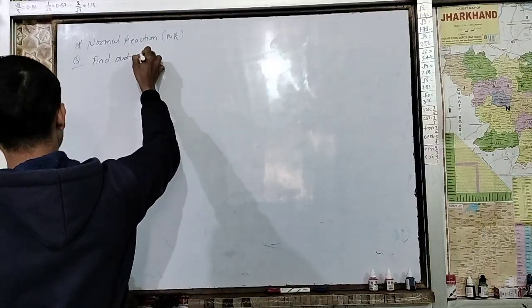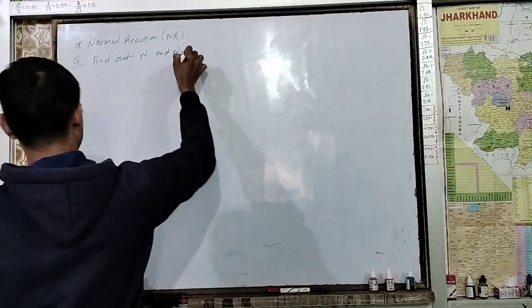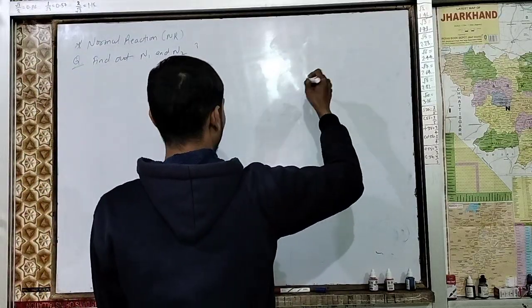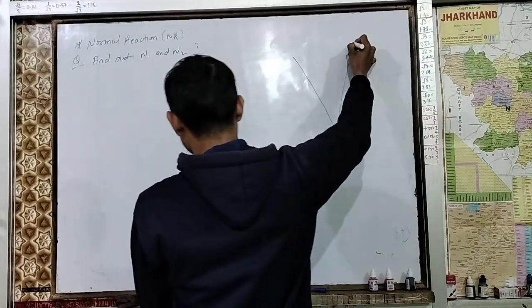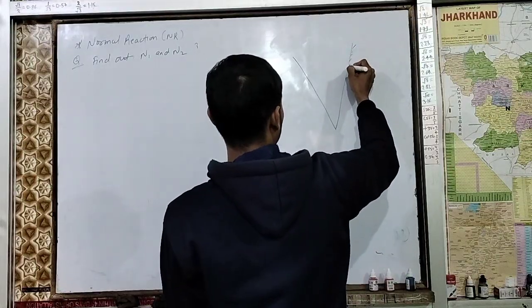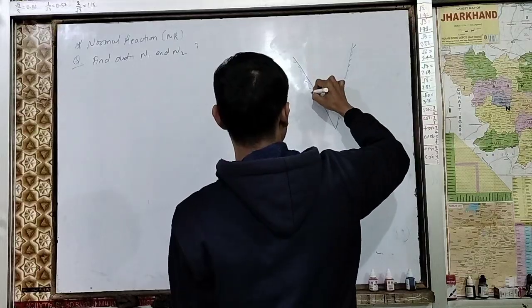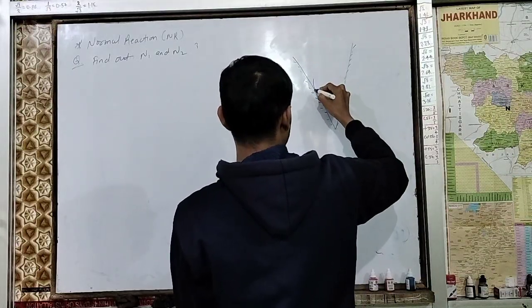Find out the normal reactions N1 and N2, where the figure is like this. There is a hole, and the object is inside it.